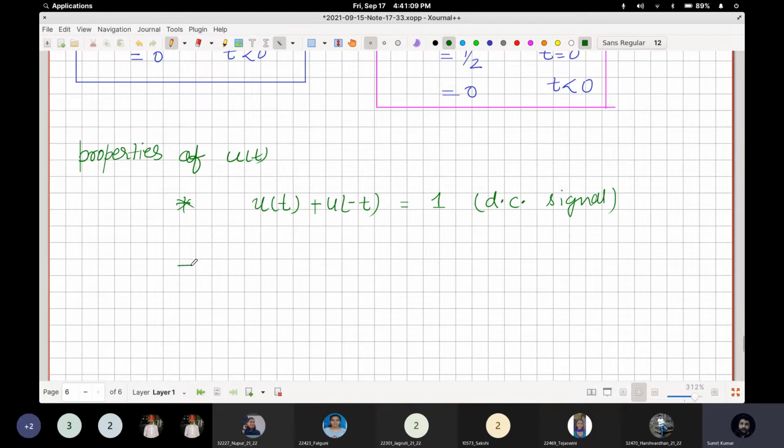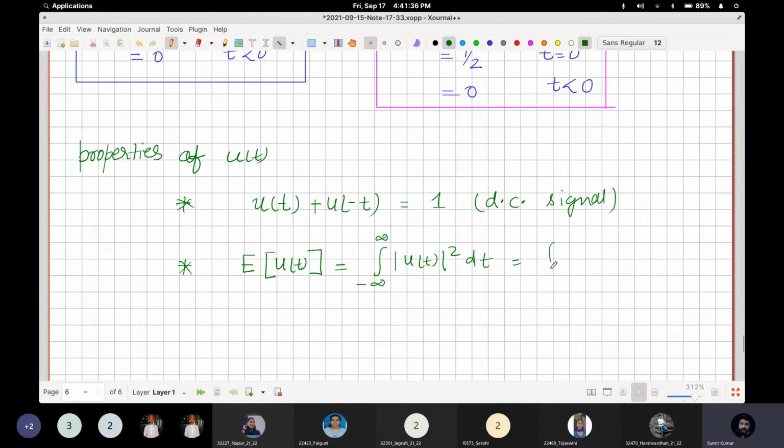Second is, what will be the power of u(t), or what is the energy of u(t)? If you compute the energy of u(t), you integrate it from minus infinity to infinity, |u(t)|² dt.